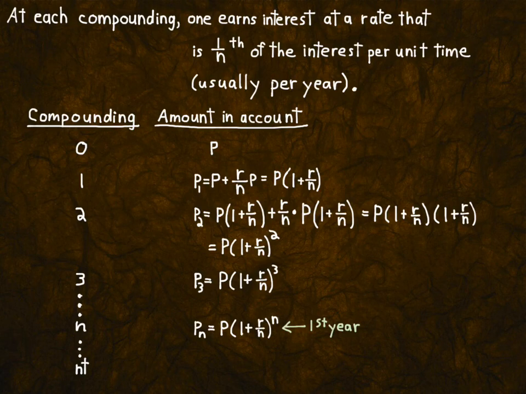So say you're doing 3 years, then that exponent will be 36. It's the number of times you've compounded, right? So if N is 12 times per year, and you go for 3 years, that's 36 compoundings. That's the N times T. So the N times T is telling you how many total compoundings you had.